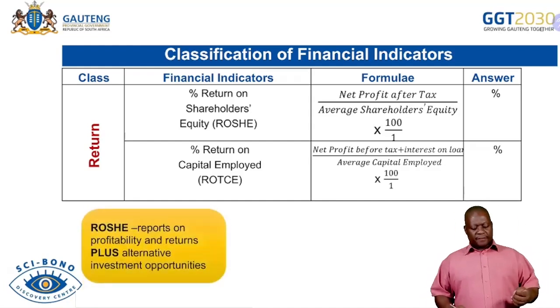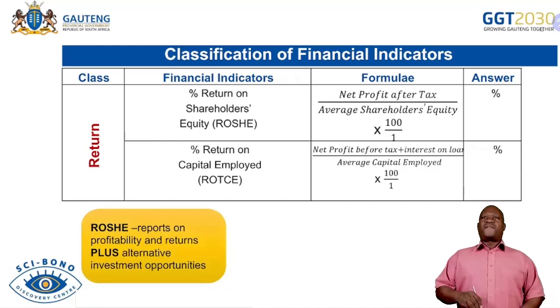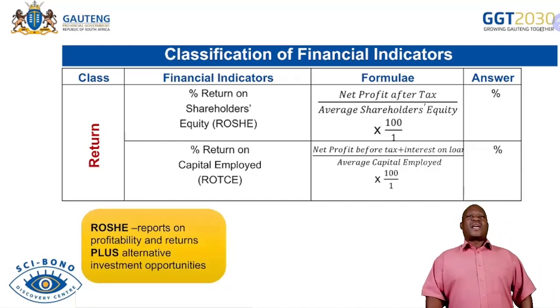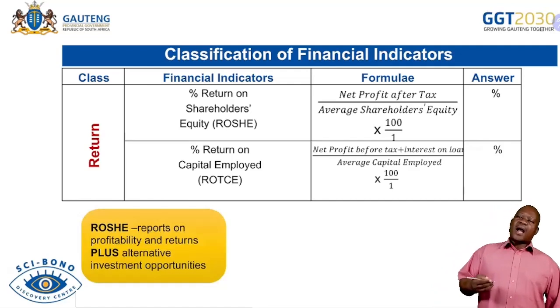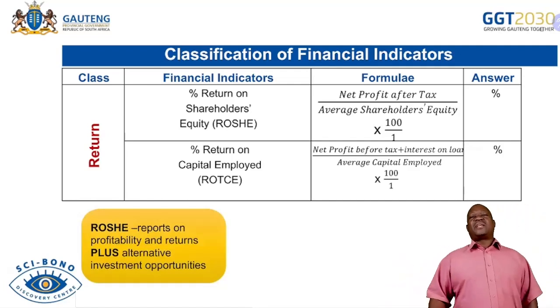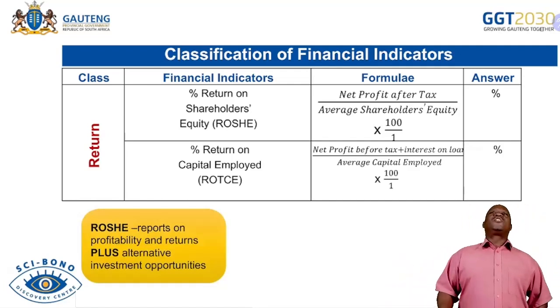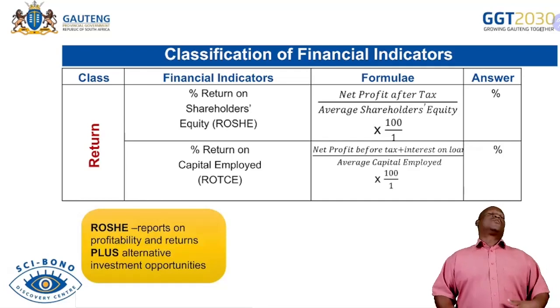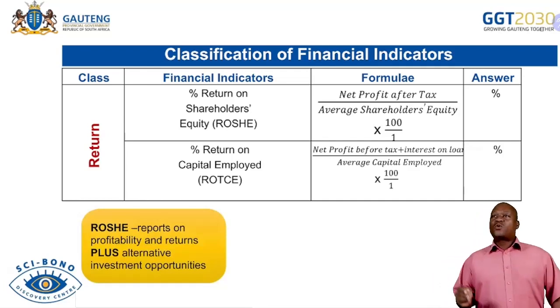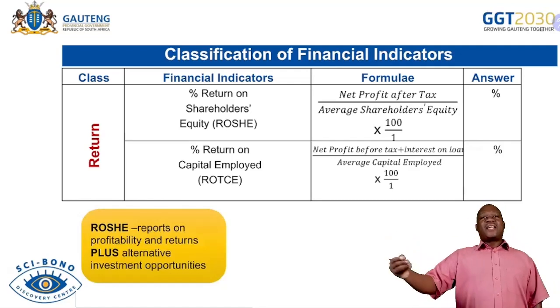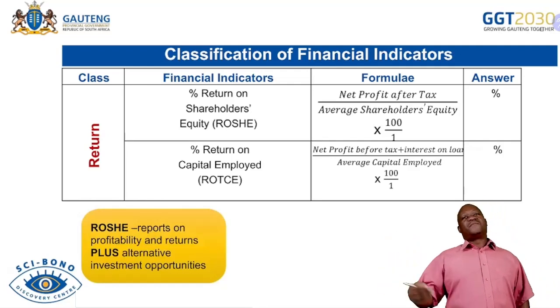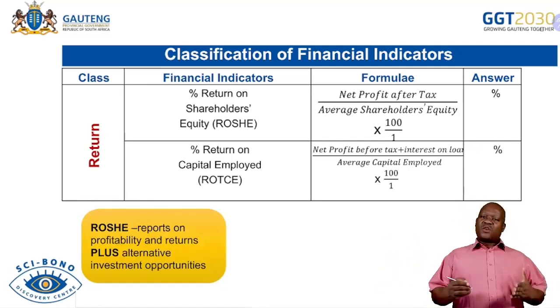Now, the ratio reports on the profitability and returns. In other words, we are saying, if there were other alternative investments out there, were you still going to be in this business? So if your business is giving you returns of 10%, and out there is another investment opportunity that gives you 15%, are you still going to be stuck in your business?